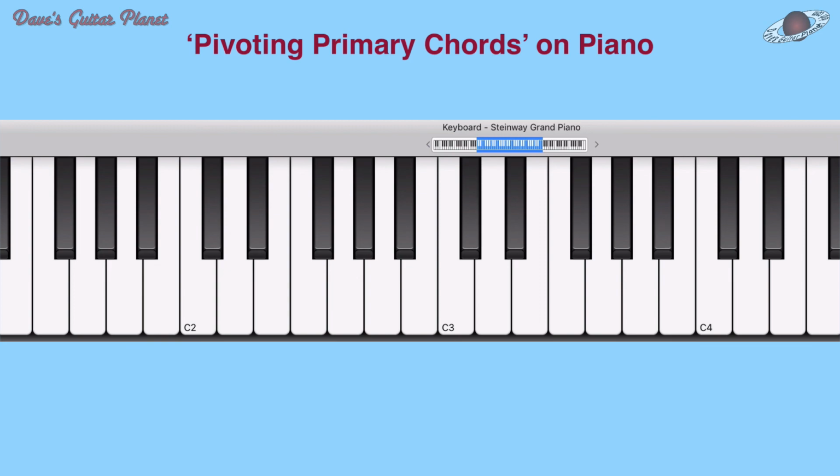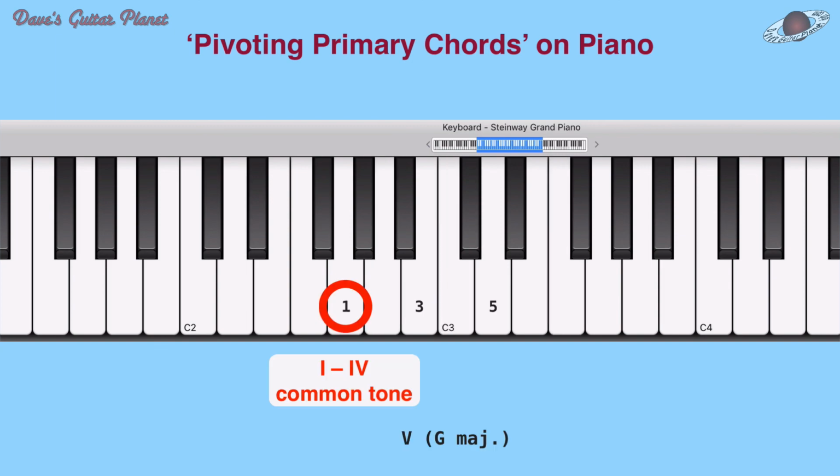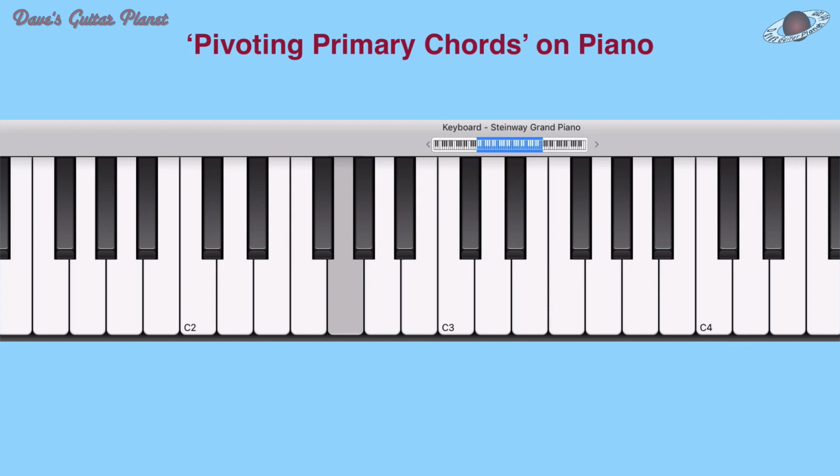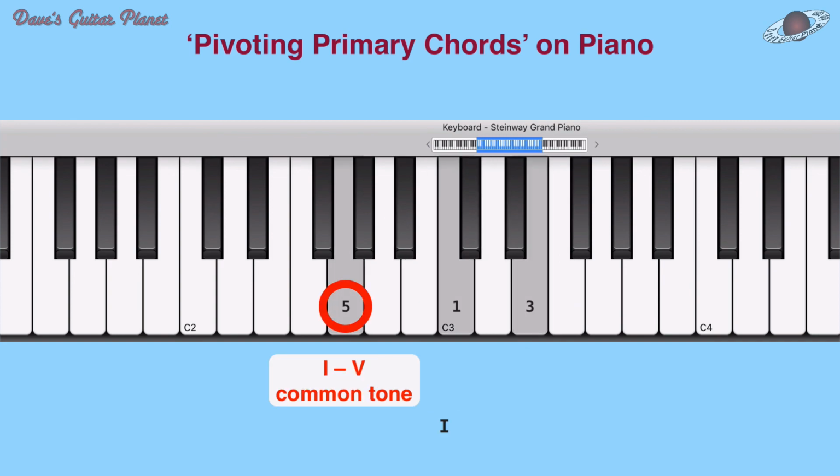So again, we've got a second inversion C chord with the fifth on the bottom, a first inversion F chord with the third of F major on the bottom, and then a root position G chord, like this. So that's the principle of pivoting primary chords.